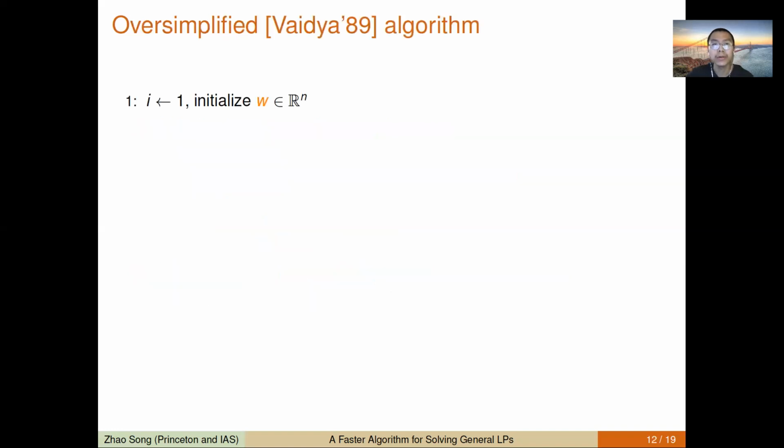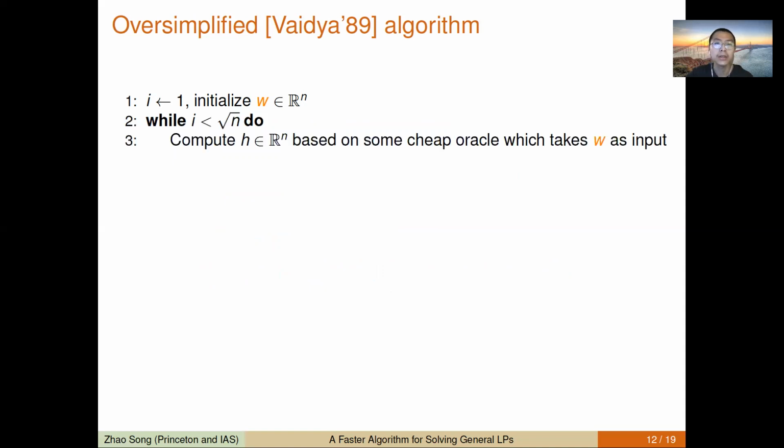Let me give you an overview of a very oversimplified version of Vaidya's algorithm from 30 years ago. Let i denote the counter, and w is the weight we are trying to do gradient descent on. At the beginning, we need a while loop to check if we have already reached the root n iterations.